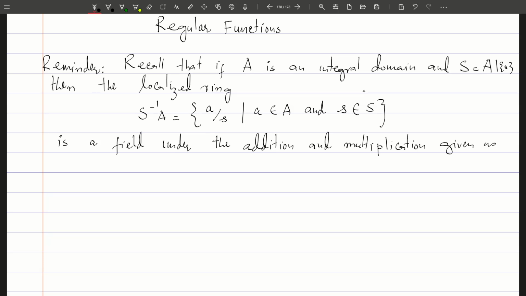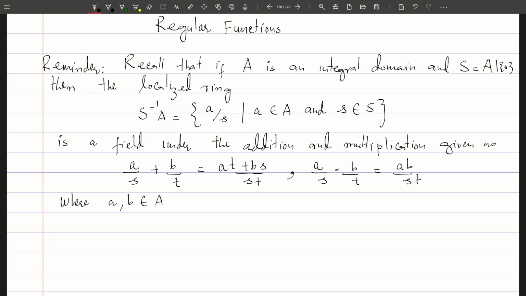If we take two elements in this ring, say a by s and b by t, then their sum is equal to (at plus bs) over st, and the product of these two elements is given by ab by st, where a and b are elements of the ring A, and s and t are elements of the set S. So this ring is called the quotient field of the ring A.